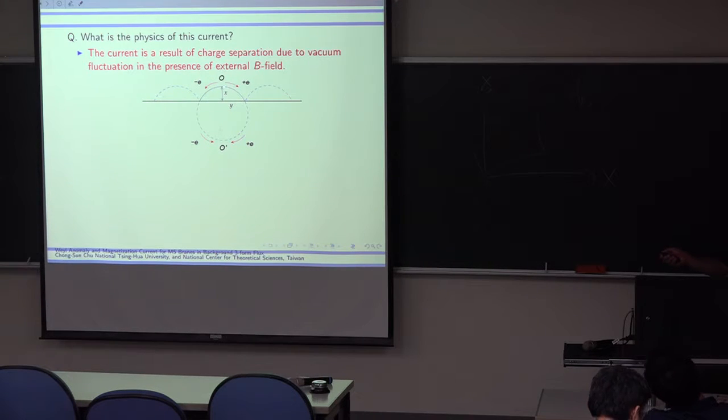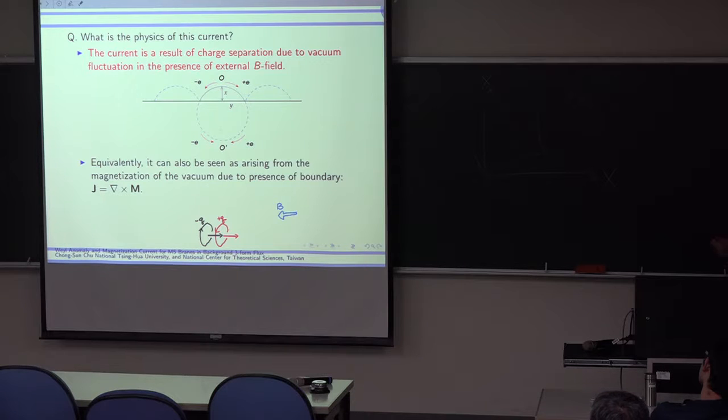That would be the case if the point of creation is very far away from the boundary, then they will have enough time to combine. Or if there's no boundary at all. But in the presence of a boundary, if the created particles are close enough to the boundary, and if the velocity with which they were created is slow enough, then the circle will not have enough time to complete. They will get reflected from the boundary. So that effectively gives you a separation of charges, and that's the origin of the current. That's one way to see it.